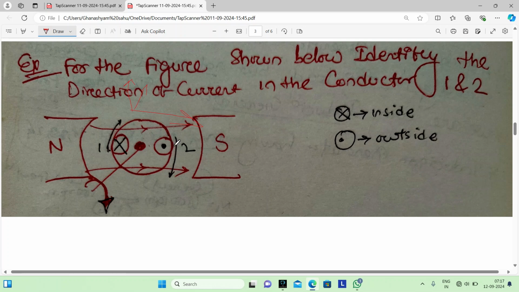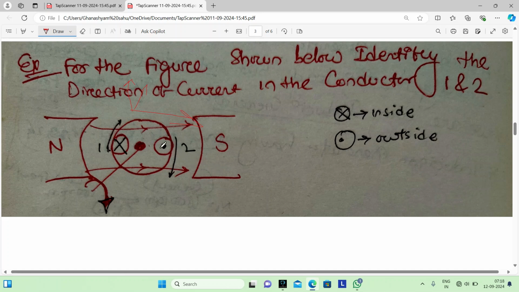Similarly here, the conductor is moving downward, so our thumb points downward, and the flux goes from north to south, so the forefinger points in this direction.